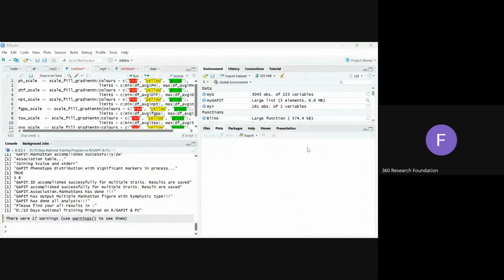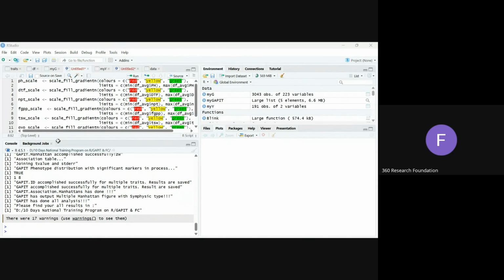We got the output file for 3042 SNPs. So how to select the significant markers from this file? Yeah, madam, you are telling, continue. Sir, based on the significance of association, for p-value 0.001 and false discovery rate 0.05. Okay.